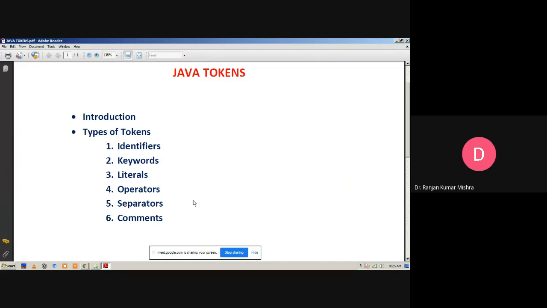The last token is the comments. As we know, in any programming language, comments play a very vital role for developers. Suppose we have to develop a new system or modify our program, and it will be modified by another programmer.